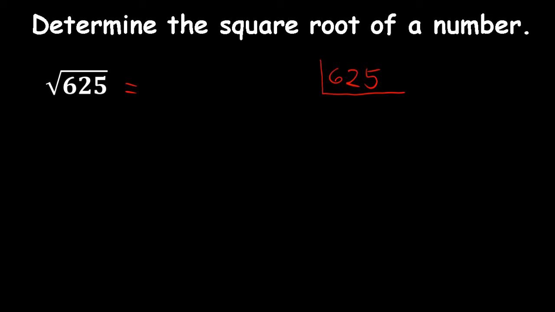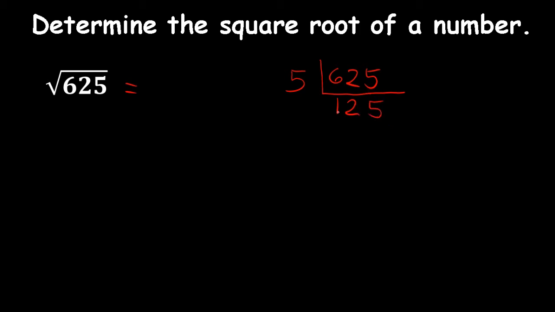Let us find a prime number that can divide 625, and that is 5. Here it is important that you know the divisibility rules. If the number ends in 5, it is divisible by 5. And 625 divided by 5 is equal to 125.